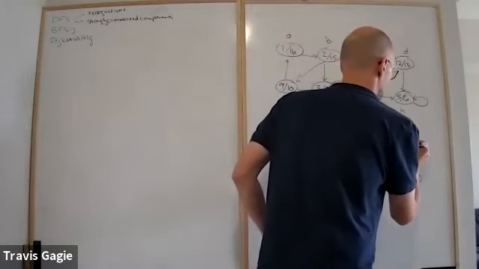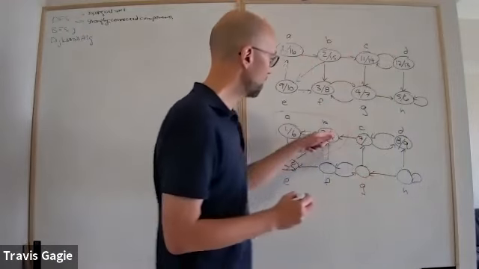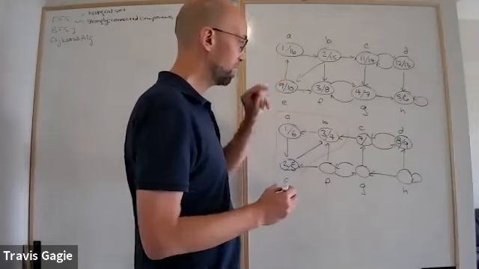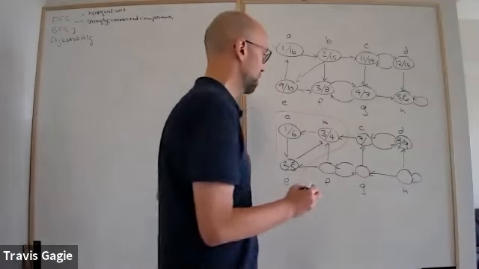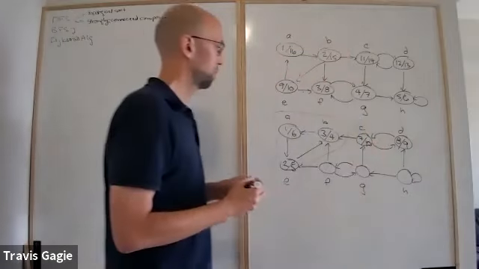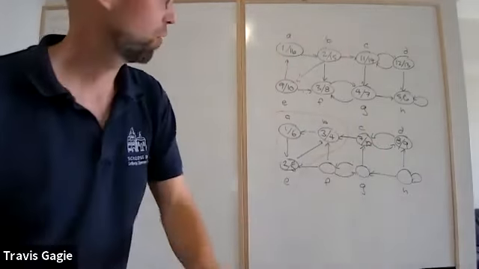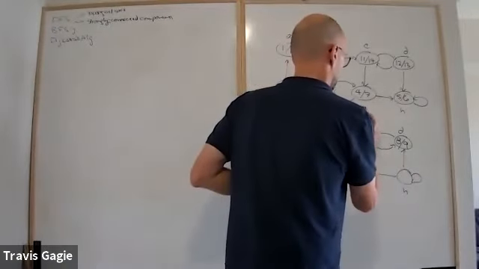So we finish with B, 9. We come back. Now from C, we could have gone to B, but we can't because we visited there. So this is 10. And we can't do anything else. So this is a strongly connected component.